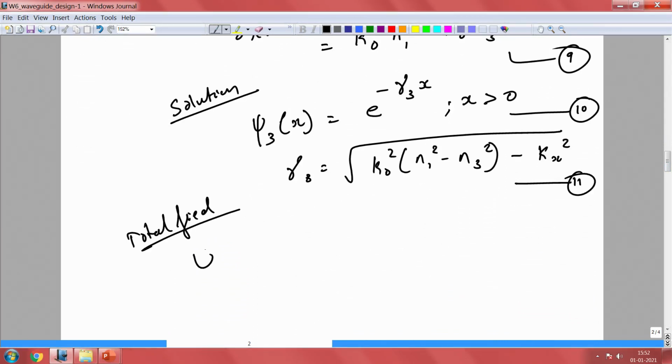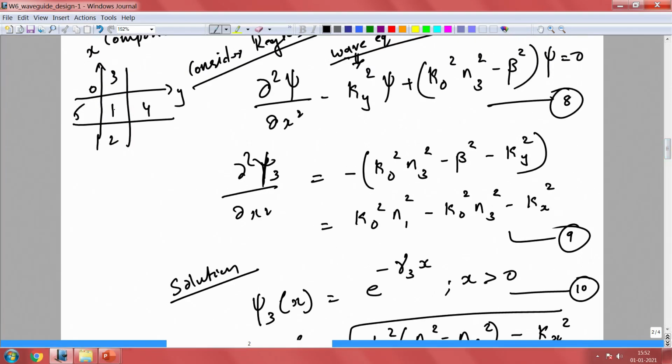So let's write the total field here. So total field chi of x comma y now is nothing but some constant c cos of ky plus phi of y. So this is our oscillating component along y direction, right. So along y direction you will have oscillating for 1, 2 and 3, all the 3 will have oscillating solution. Okay.